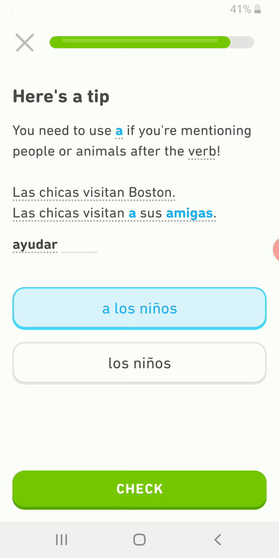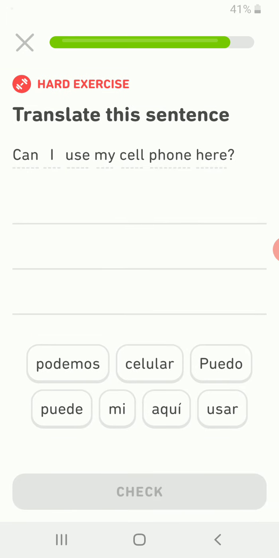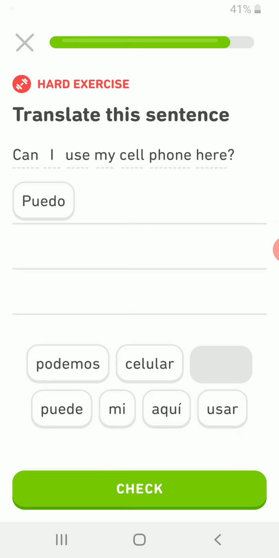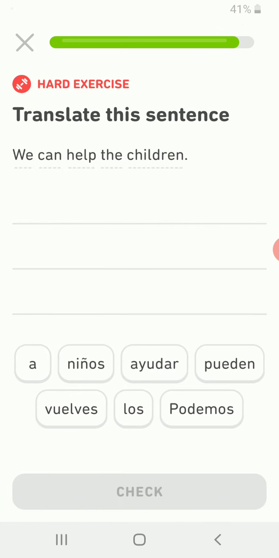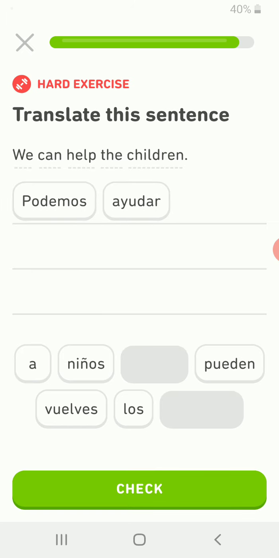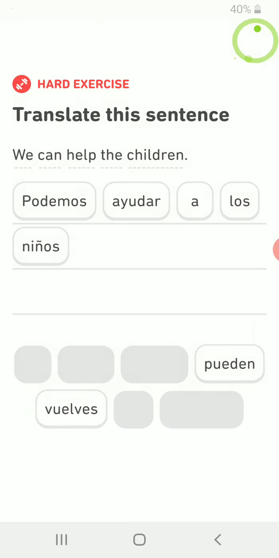Ayudar a los niños. Okay, that was hard. So can I use my cell phone here? Puedo usar mi celular aquí. And we can help the children. Podemos ayudar a los niños.